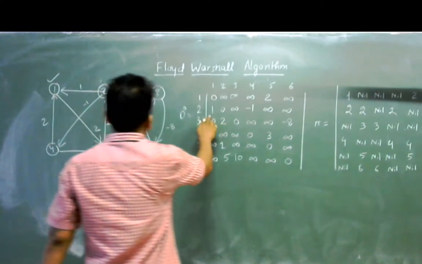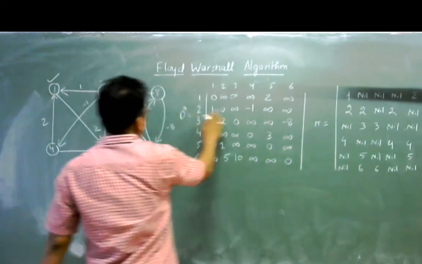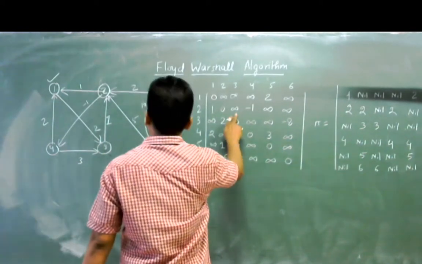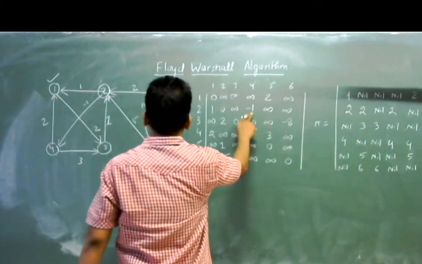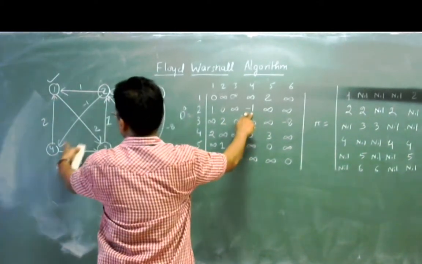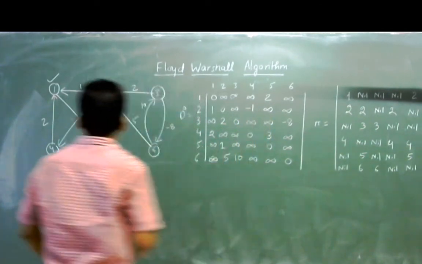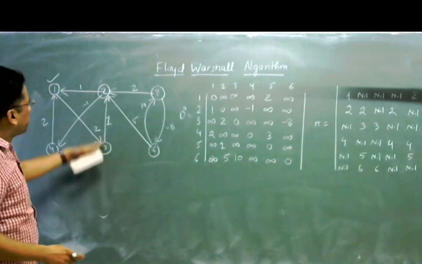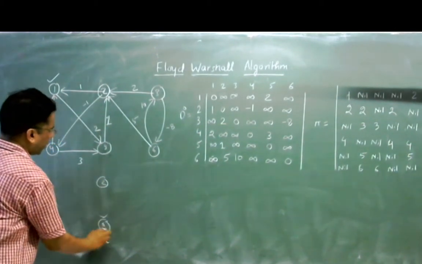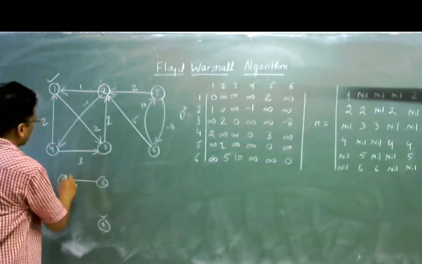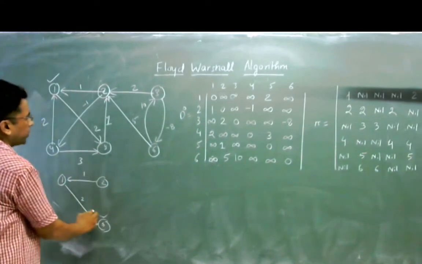Here the distance from 2 to 1 will not update because it is already minimum. 2 to 2 will not update. 2 to 3 will not update, and 2 to 4 is -1, and you cannot get advantage. 2 to 5: here there is no direct path between 2 and 5, but through 1 you get a new path with the value 1 plus 2, 3.